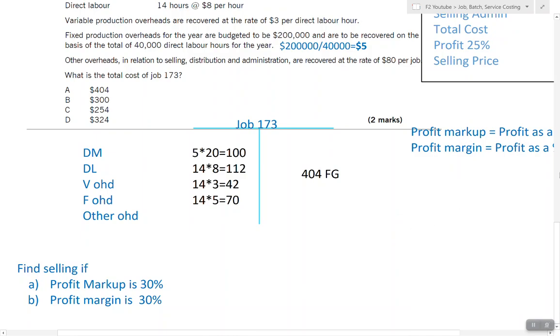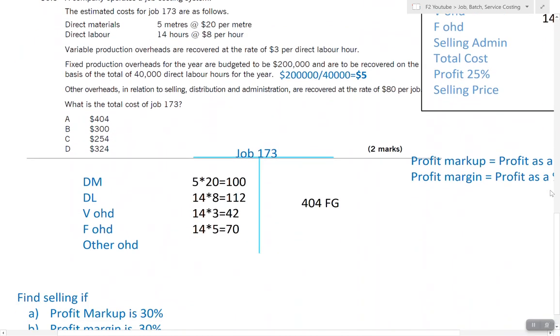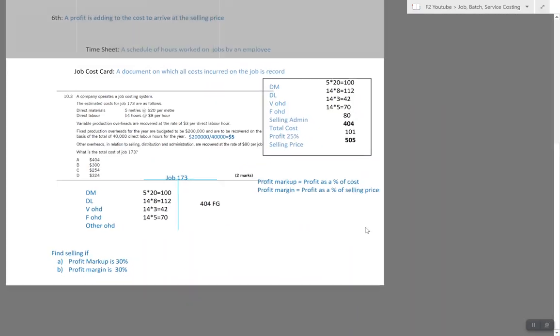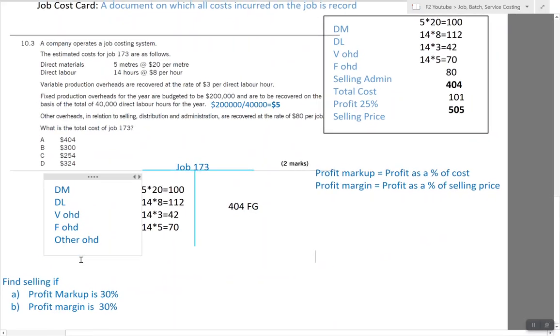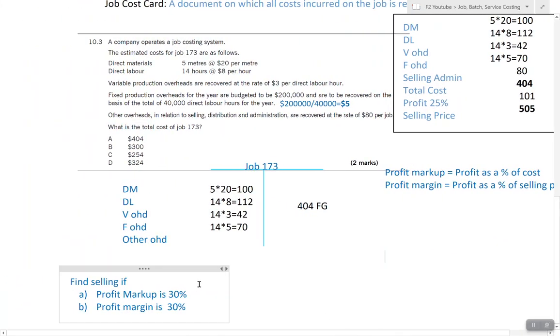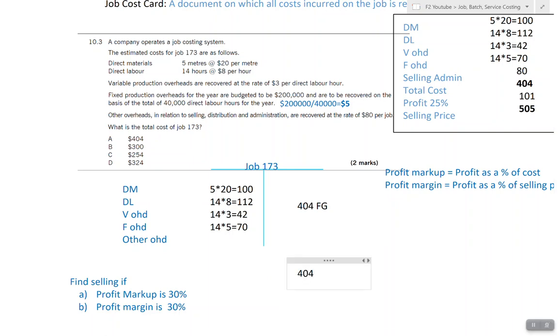What if the situation were different? Let's assume we have 30% markup and 30% margin. How would they be calculated? For markup, we just take the cost and multiply directly by the percentage and that's it. But for margin, you have to divide.